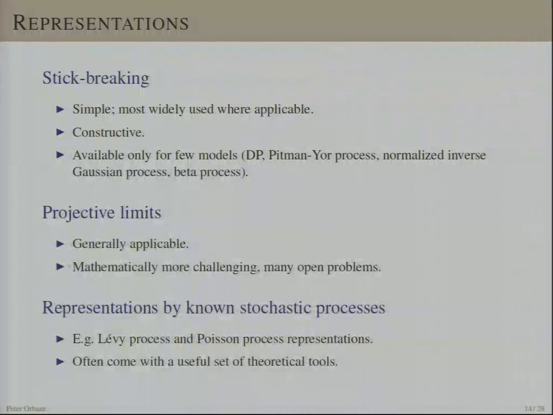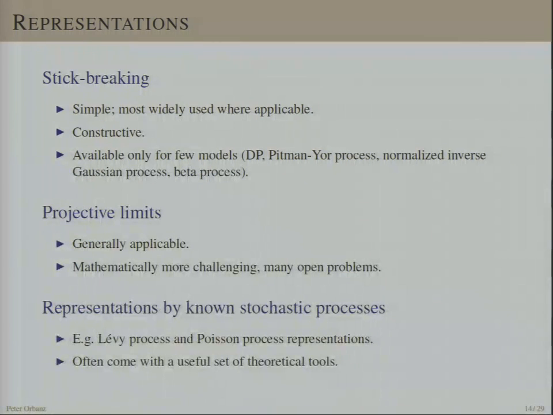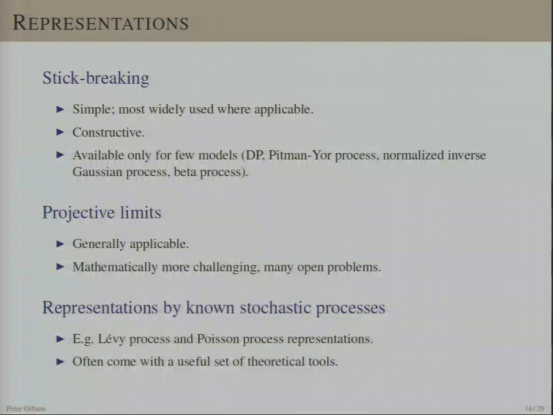Okay. So here are a few representations that are used in Bayesian nonparametrics. Yeah. So stick breaking is certainly used most often, I think, whenever it is applicable, yeah, because it is very simple. And another thing that is great about this is it is constructive, right?